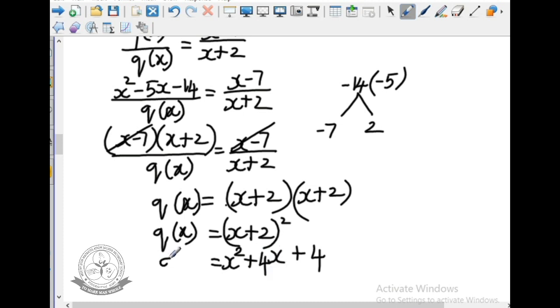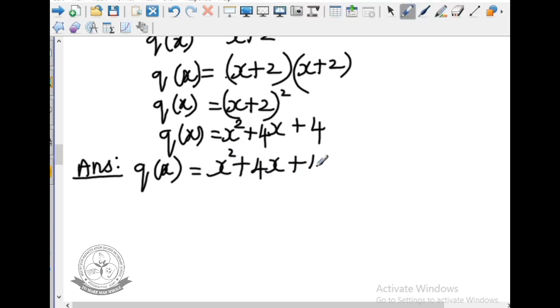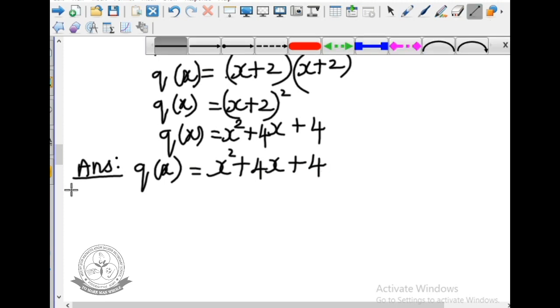This is the required polynomial. So, answer: Q of x is equal to x square plus 4x plus 4. So, up to this sum, this exercise is over.